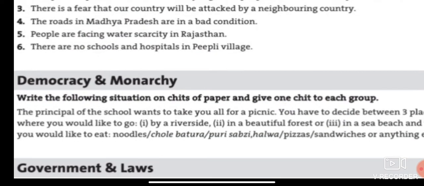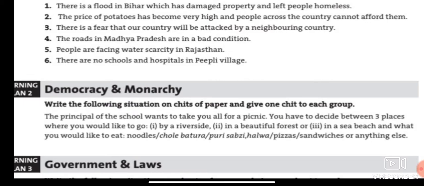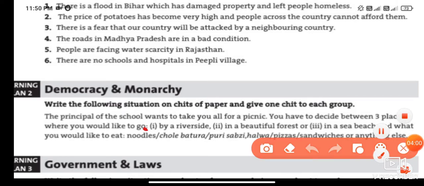Please listen. The principal of the school wants to take you all for a picnic. You have to decide between three places where you want to go: by a riverside, in a beautiful forest, or on a sea beach. And what would you like to eat?